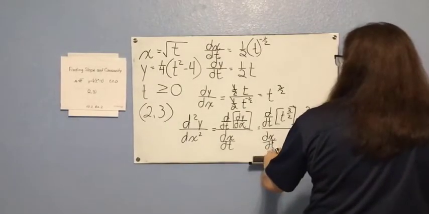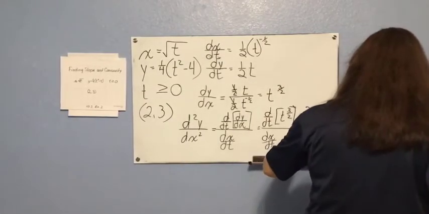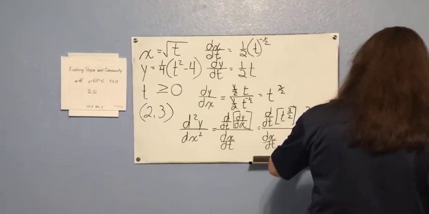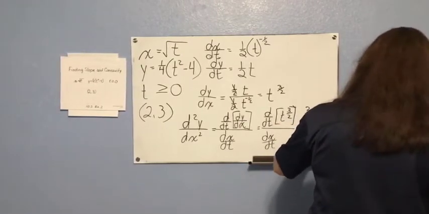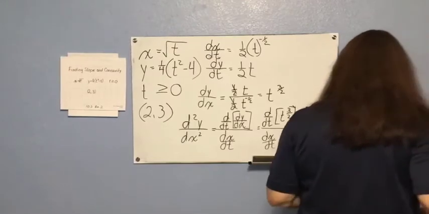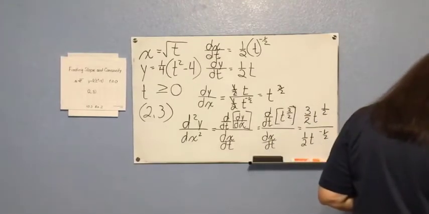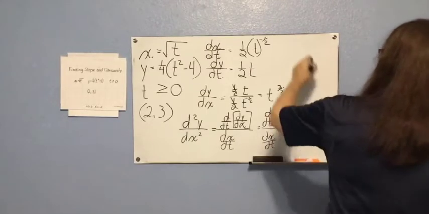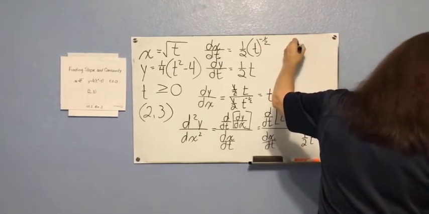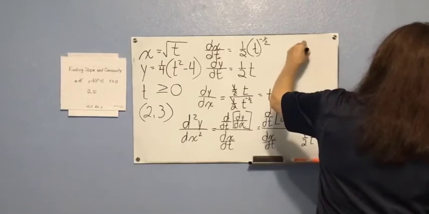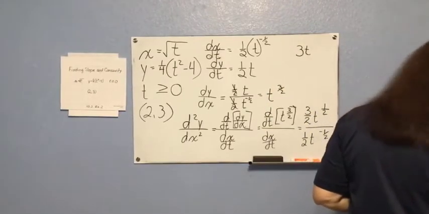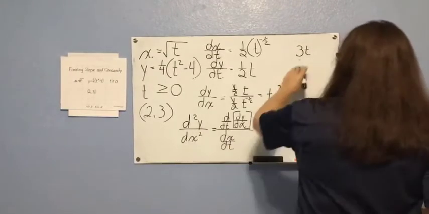And this one we already figured out earlier is 1/2 t to the negative 1/2 power. Okay, and all that simplifies to 3t. So my second derivative is 3t.